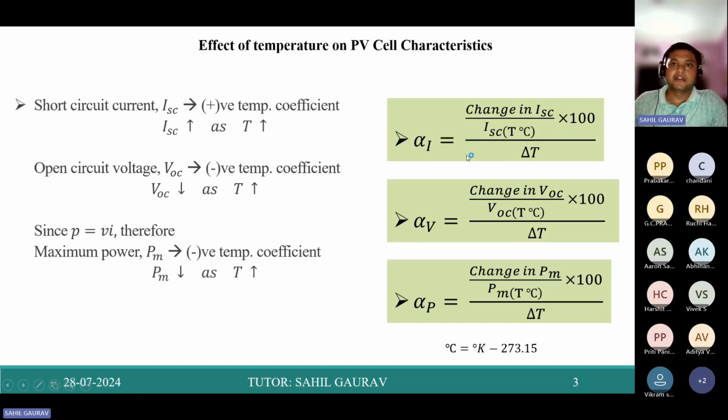By knowing the temperature coefficient, you can find the short circuit current, open circuit voltage, or maximum power at a certain temperature. This is the expression. We all know how to convert temperature from Celsius to Kelvin and vice versa.